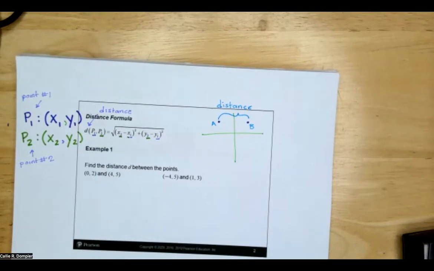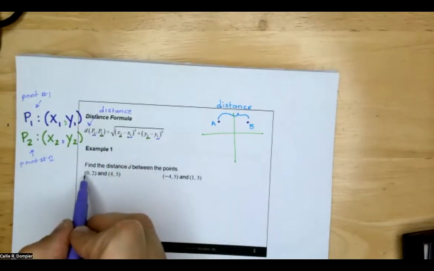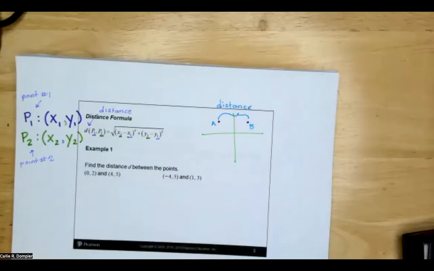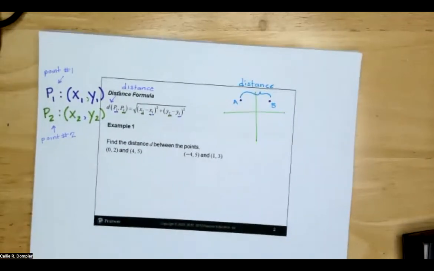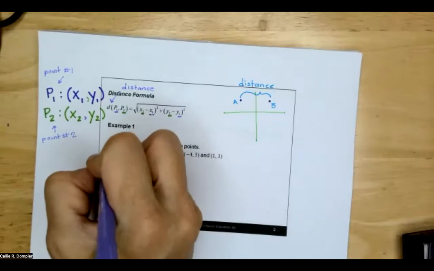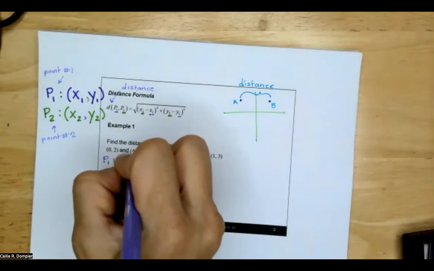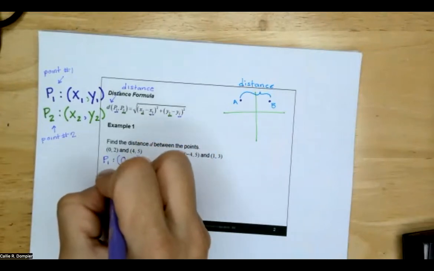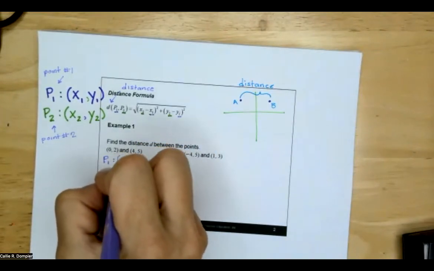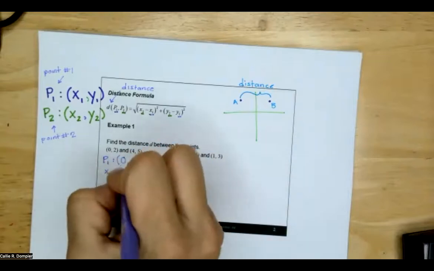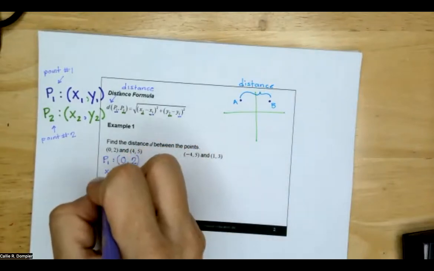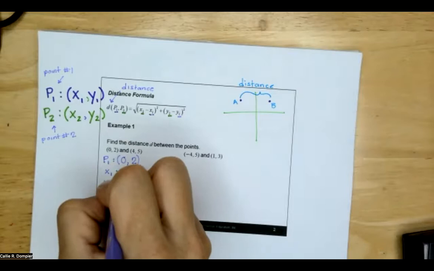Good. Let's practice. All we're going to do is label these and put them into the distance formula. So I'm going to say P1 is (0, 2). That means X1 is 0, Y1 is 2.